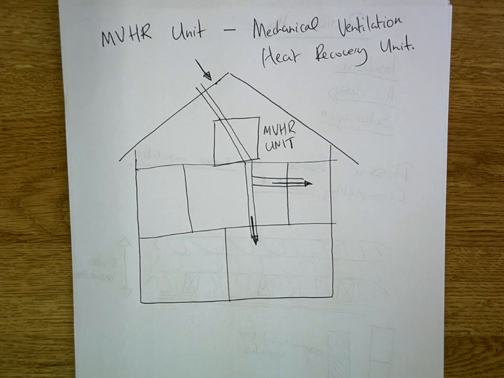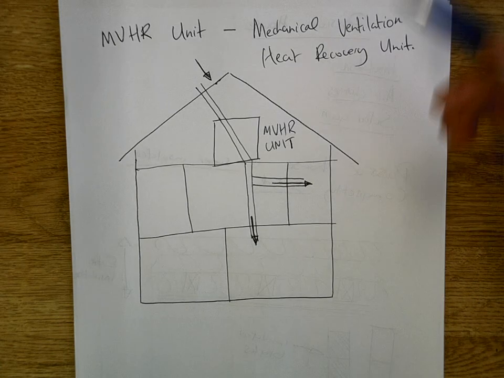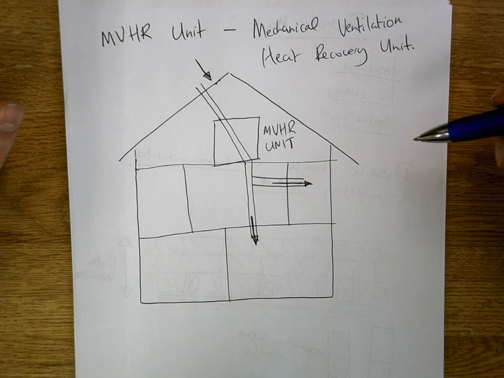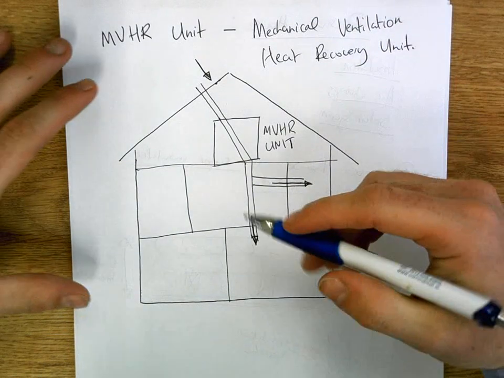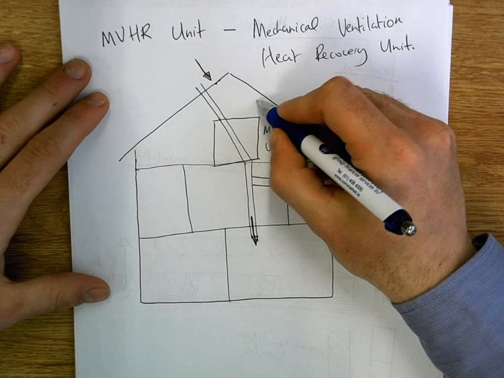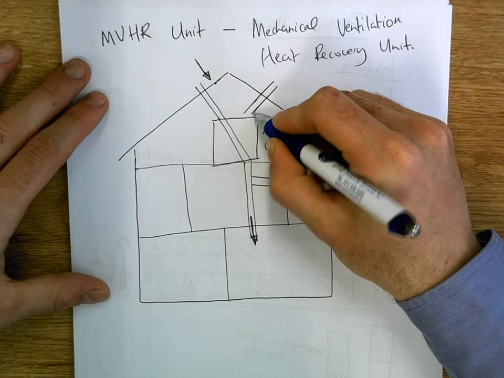Now if it was just left like that, the air coming into the house would be whatever temperature is outside, so more than likely be quite cold. The trick that they do is that at the same time you're going to have air being extracted outwards. So you have a different set of pipes, this time bringing the air outside.